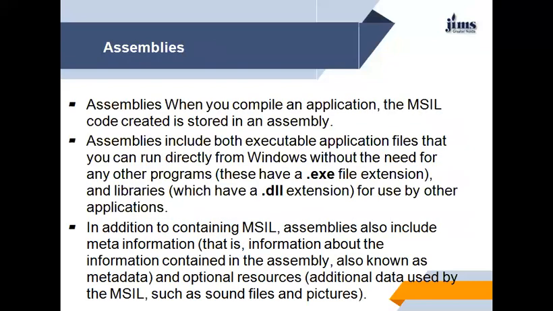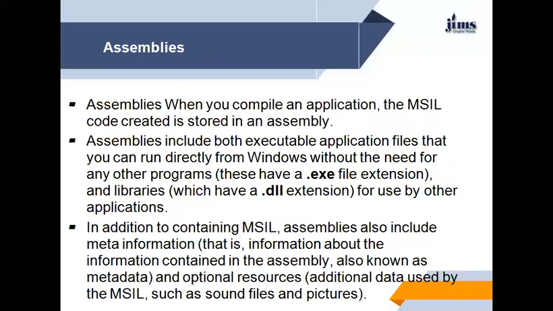Now we will discuss a very important topic called assemblies. When you compile an application, the MSIL code created is stored in an assembly. Suppose you are writing a program in C++, using the C++ compiler.